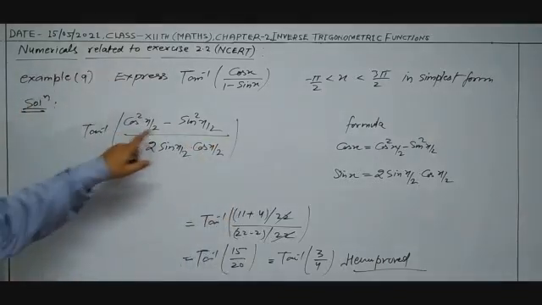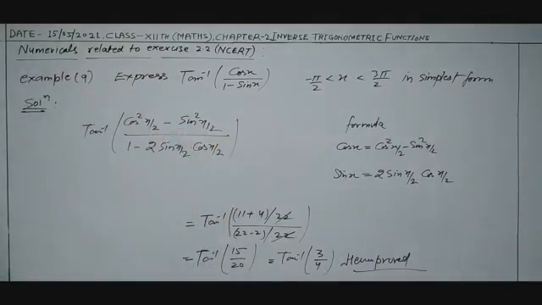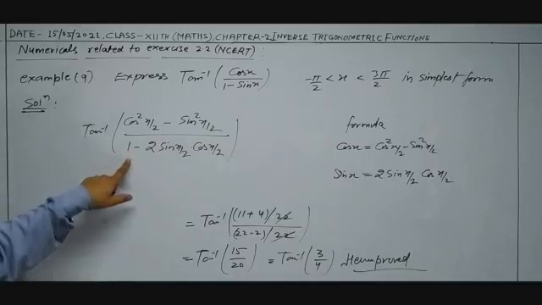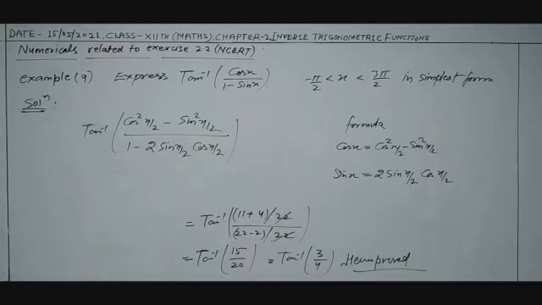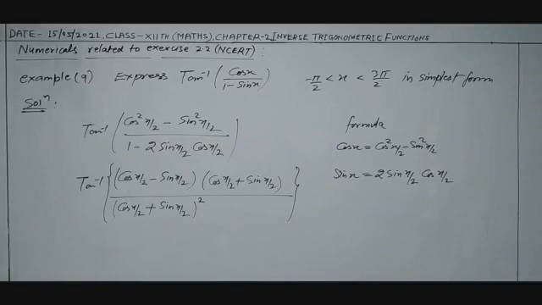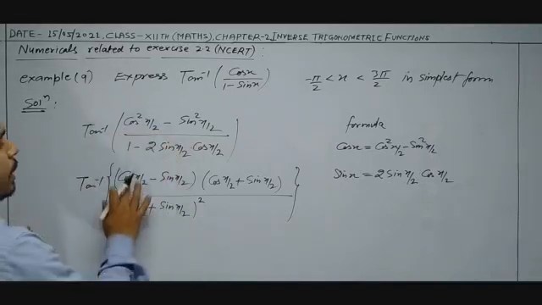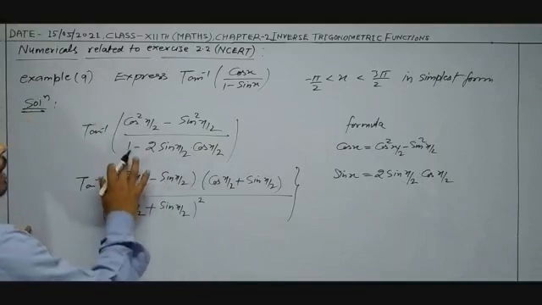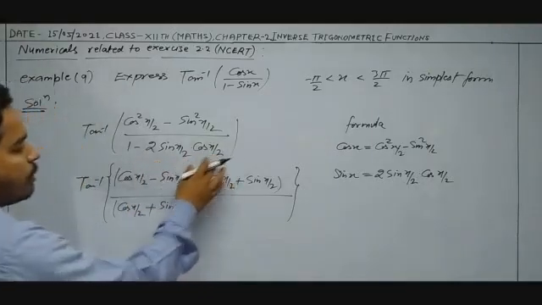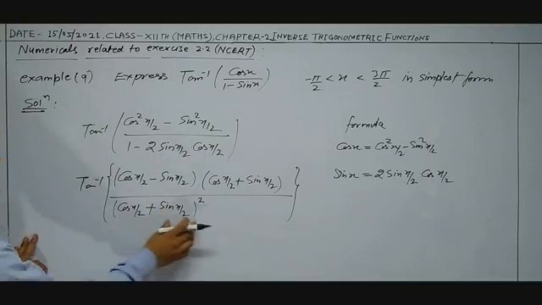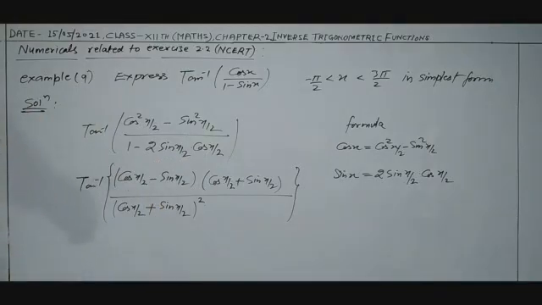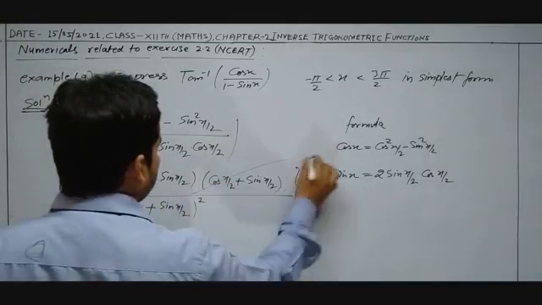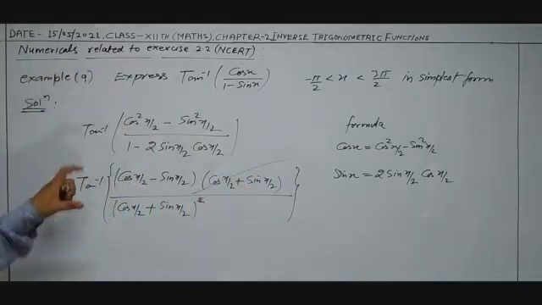The numerator is a square minus b square and the denominator is a minus b whole square, because you know 1 can be written as cos square x by 2 plus sin square x by 2. So a minus b into a plus b by formula we can write, and 1 minus 2 sin x by 2 into cos x by 2 is the formula of cos x by 2 minus sin x by 2 whole square. So a single term will cancel out from the denominator.